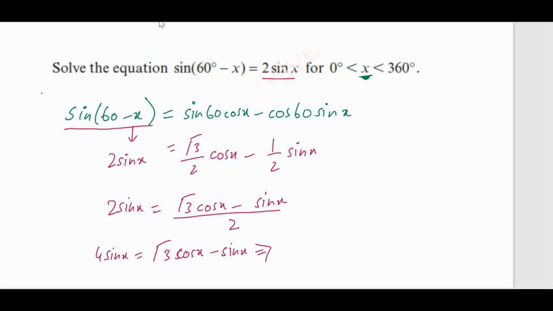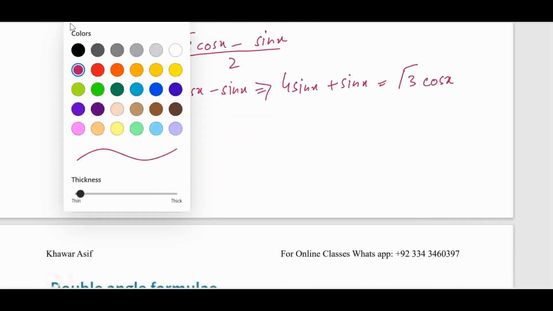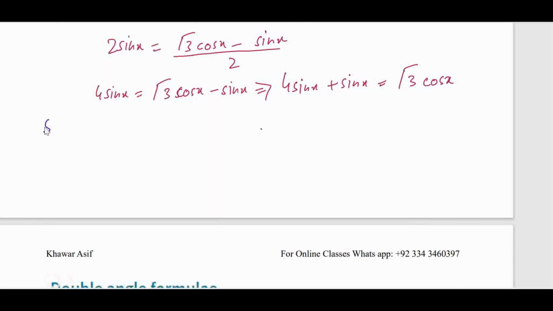Now if we rearrange it, 4 sine of x plus sine of x is equal to square root of 3 cos of x. Now this will be 5 sine of x is equal to square root of 3 cos of x.